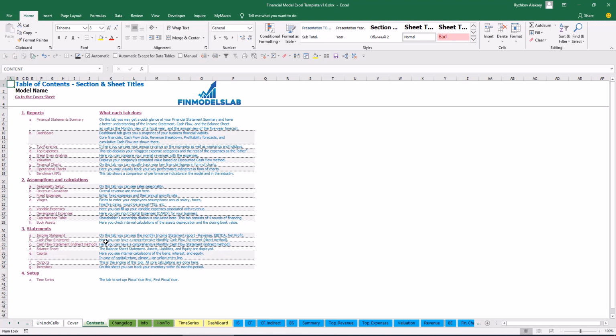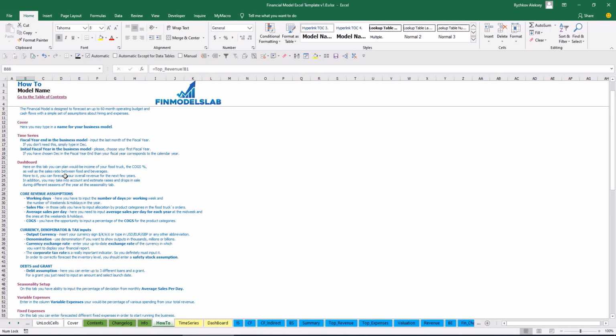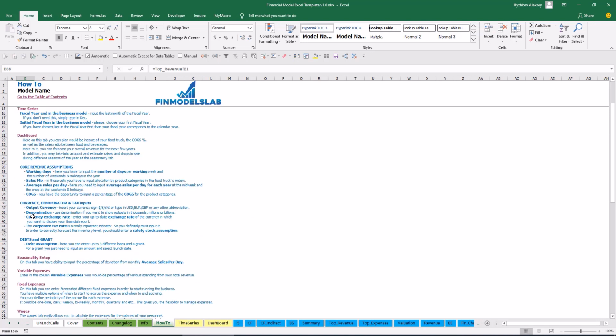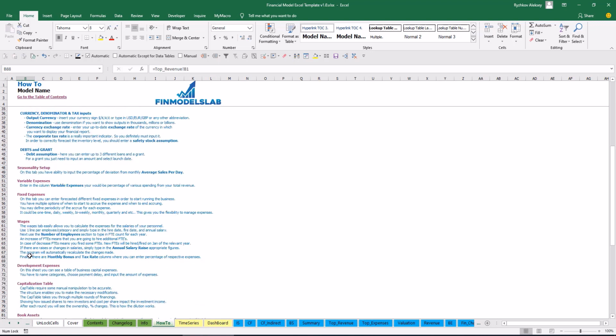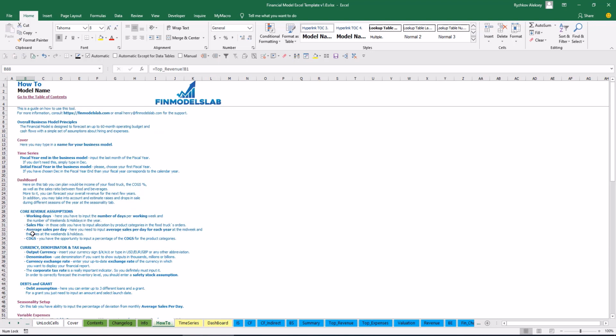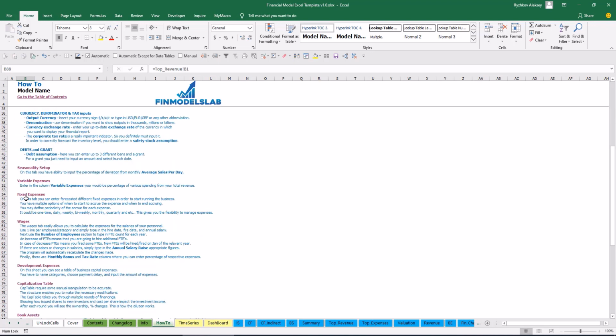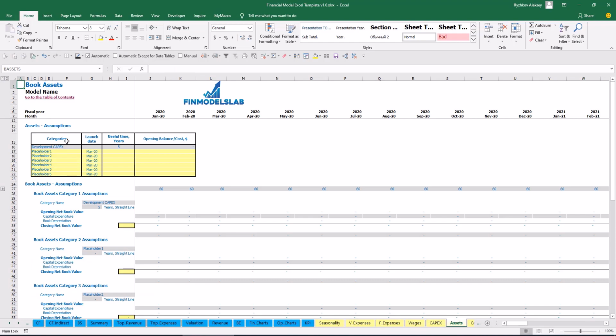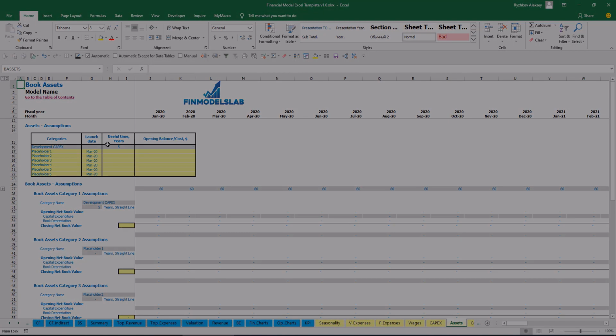There is a short explanation about what each tab does, but if you want to know more, you can go to How To and see a more detailed explanation of what each tab does and what inputs and outputs you may find on each sheet. Any header of this section is also clickable. So you may click on, for example, Book Assets and you go directly to this tab.